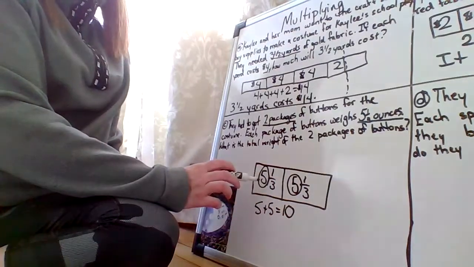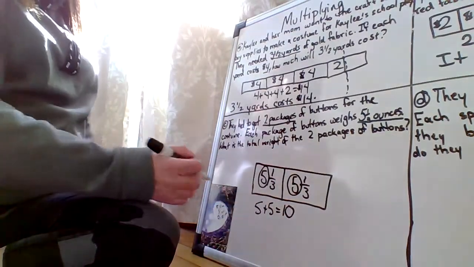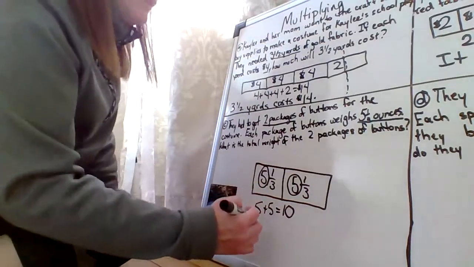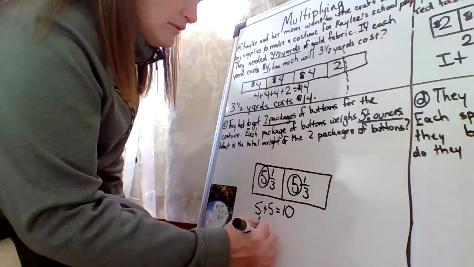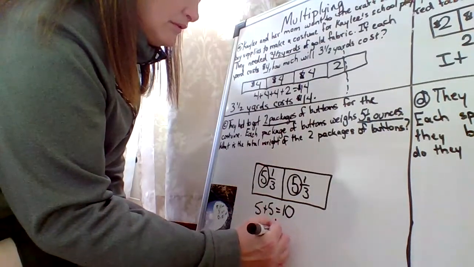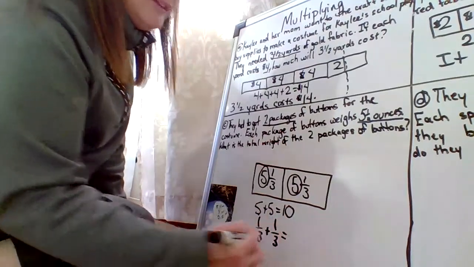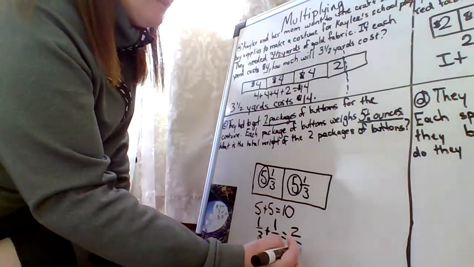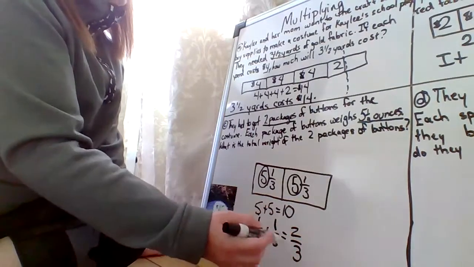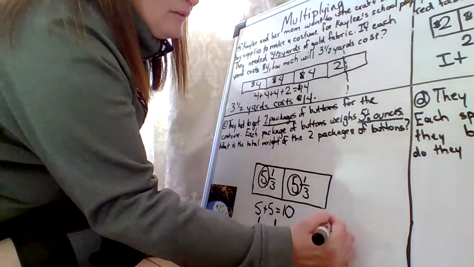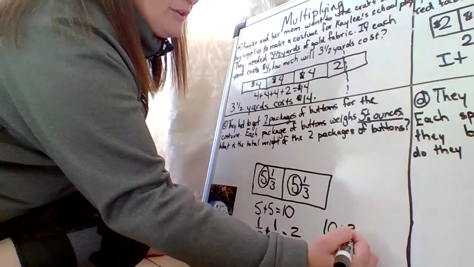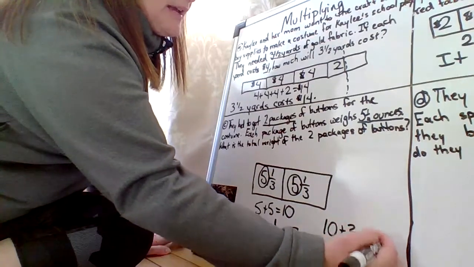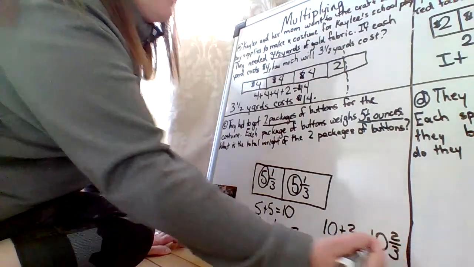And then I need to add 1/3 and 1/3. 1/3 plus 1/3 equals 2/3. And then we add 10 plus 2/3 to get 10 2/3.